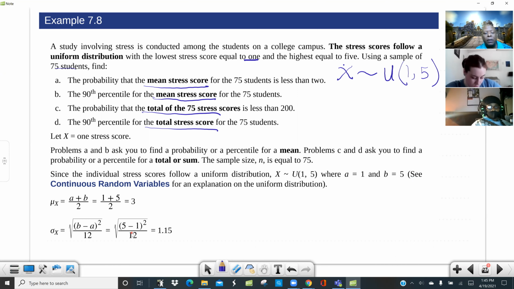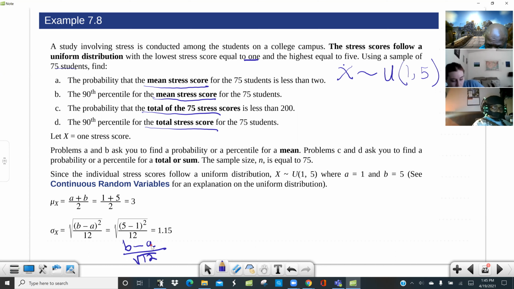The standard deviation, remember, is this formula. You can also look at it as B minus A over root 12. That's a formula we use to find the standard deviation for a uniform distribution.